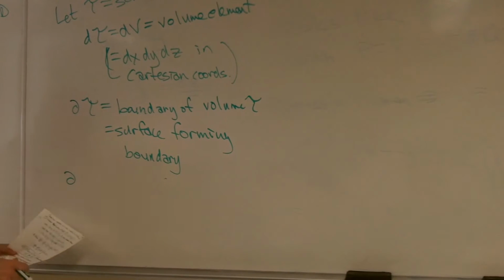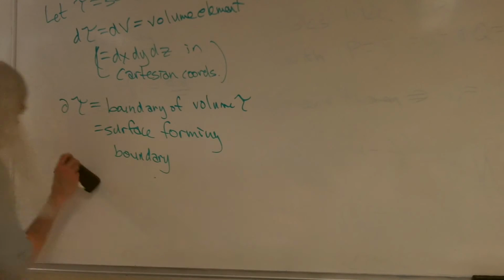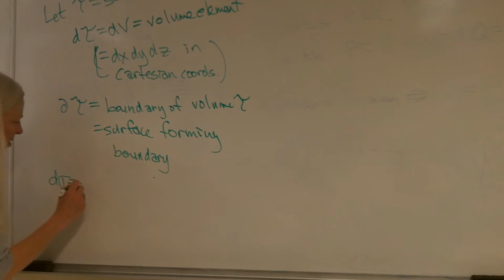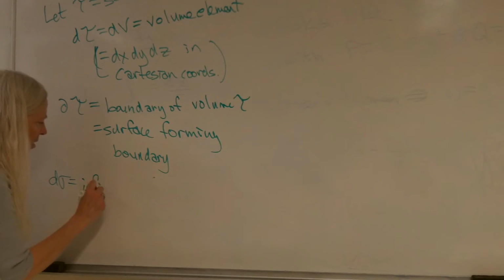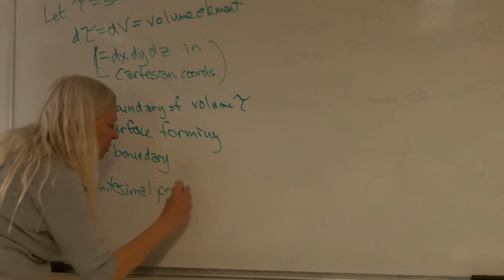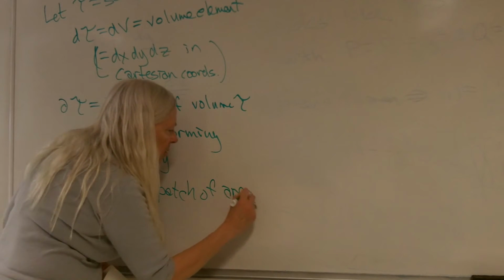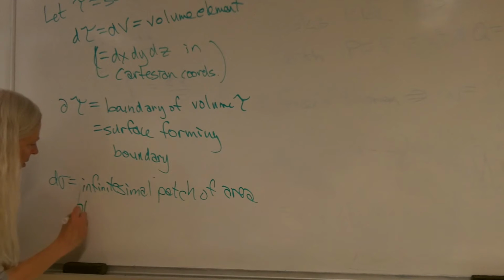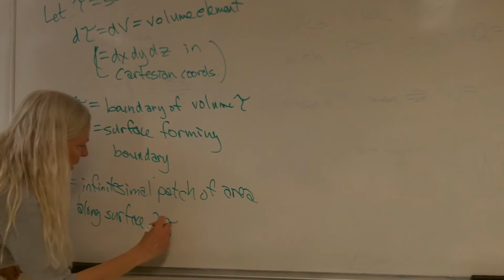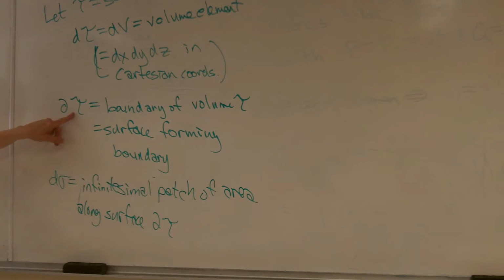So what I wanted to write here was that d sigma is an infinitesimal patch of area along the surface that I've called delta tau. Delta tau is the complete boundary of my volume tau. Imagine a little patch along that surface, call that d sigma.